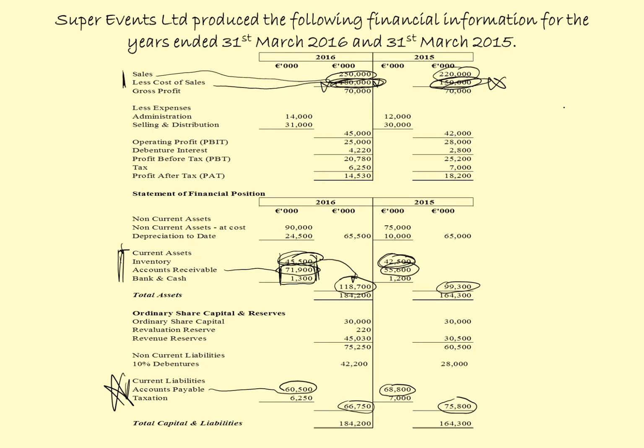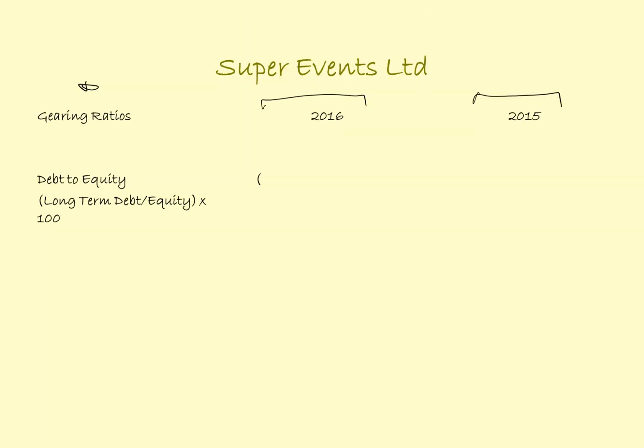So my long-term debt will be under non-current liabilities, and it's the 42,200. In this case, it's debentures, but any sort of long-term loan could be included. And it's to equity, and equity is the ordinary share capital plus reserves, so it's the 75,250. So if I pop that in, 42,200 by 75,250 by 100 gives me 56%.